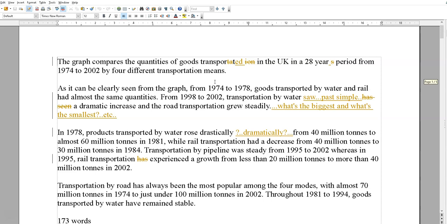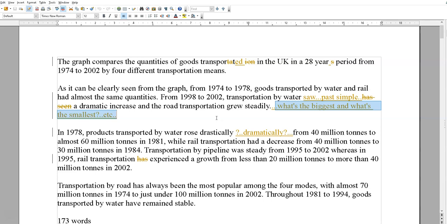So again, I won't read it all out. So, introduction, okay. The only thing here, this overview, apart from that grammatical mistake there, it doesn't really tell us what the key features are. Now, I'm not going to show you the criteria again.